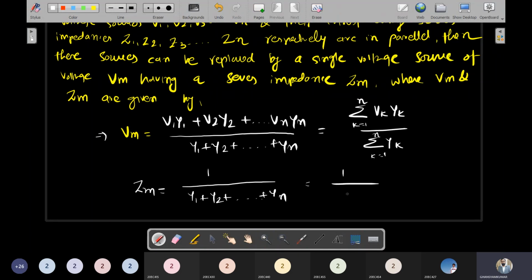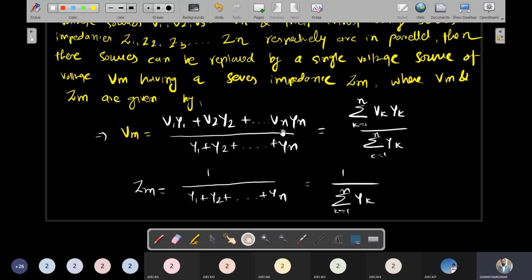That can be written as 1 upon the summation k from 1 to n of yk, where y1, y2 up to yn are known as admittances and z1, z2 are all impedances. Okay, so we'll see one example based on this.